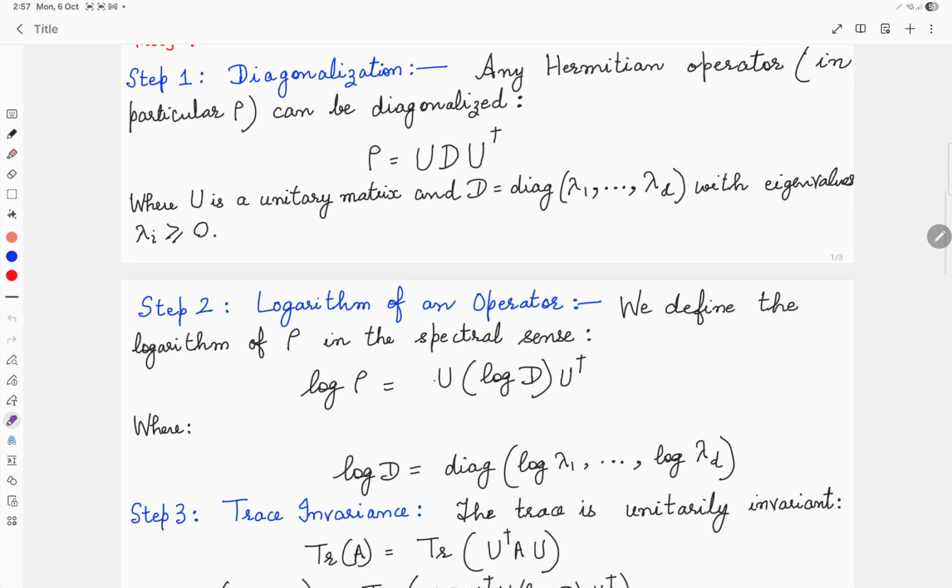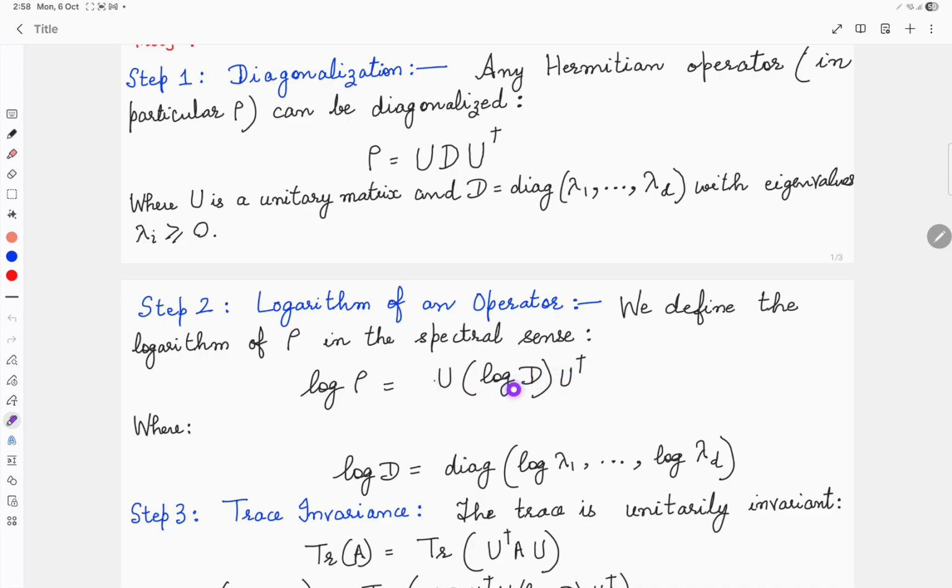The next step in the process is the logarithm of the operator. We define the logarithm of ρ in the spectral sense. So let us take the log on both sides. This gives us log ρ = U (log D) U†, since U and U† do not depend on the logarithm.